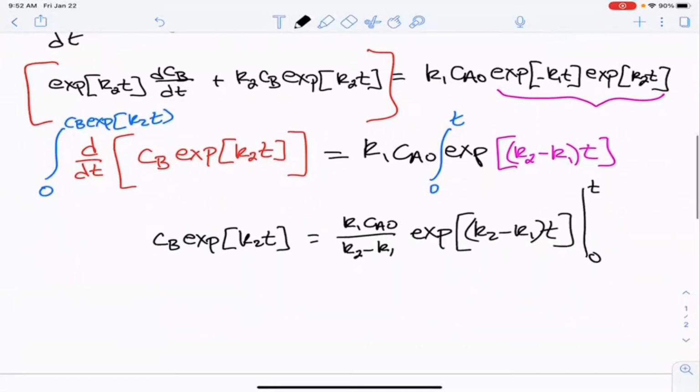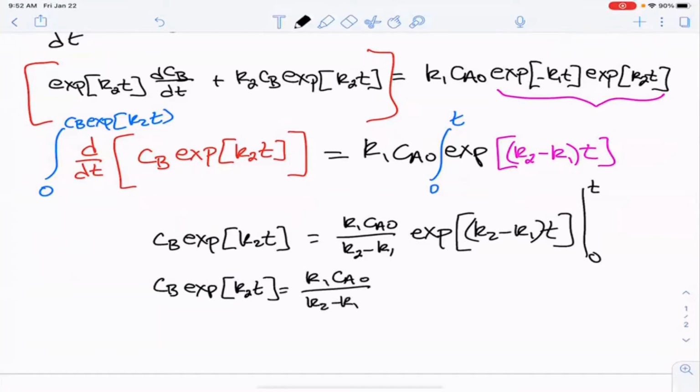So we're getting there. This is still CB times the exponent of k2t equals k1 CA0 over k2 minus k1 times the exponent of k2 minus k1 times t, minus 1, because the exponent of 0 is just 1.